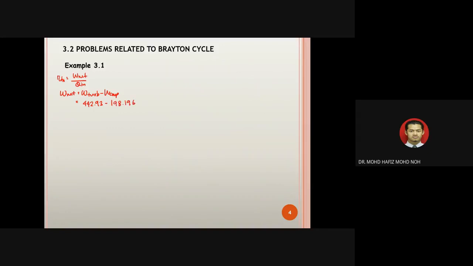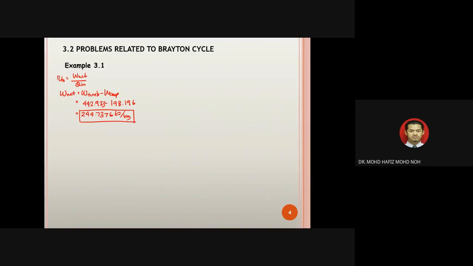So you will get W net equal to 244.7376. Okay, so you can calculate this one and check. So you get the value of W net.